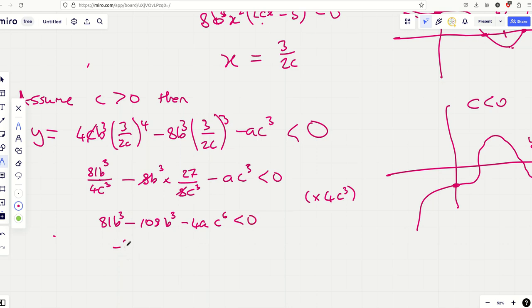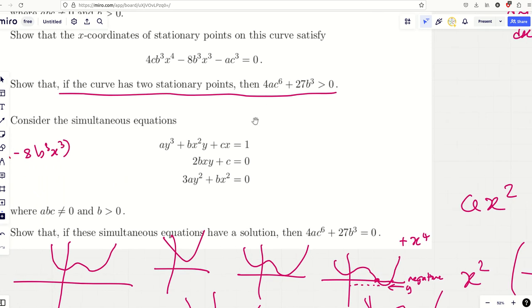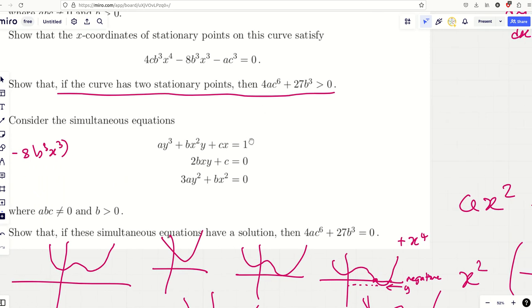And what is that? Minus 27b cubed minus 4ac to the 6 is less than 0. And if I multiply through by minus 1, I get 27b cubed plus 4ac to the 6 is bigger than 0. Is that what I was looking for? Something like that, I hope so. 4a to the 6 plus 27b cubed is greater than 0.